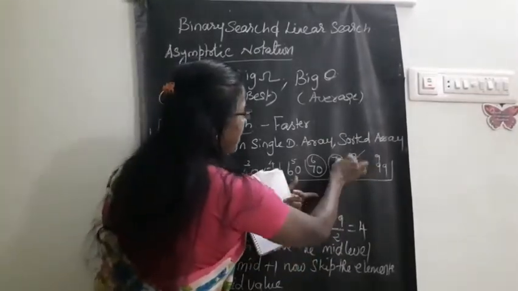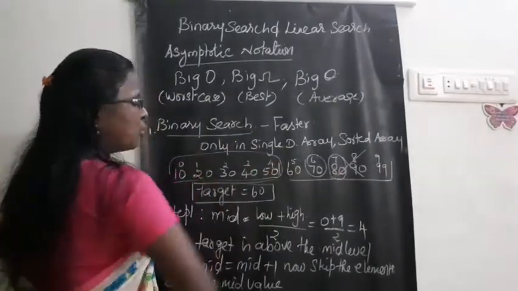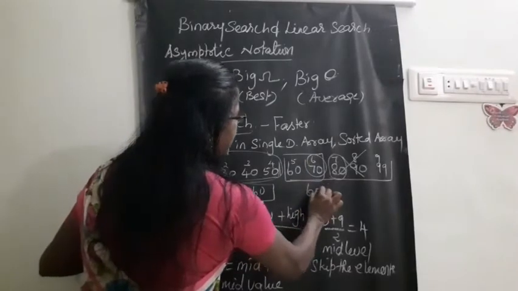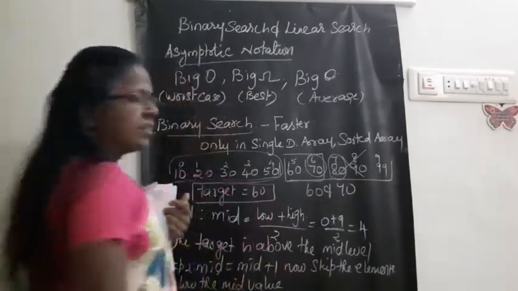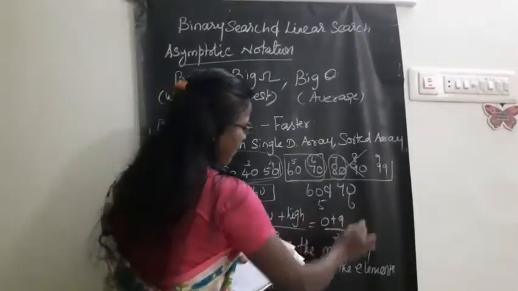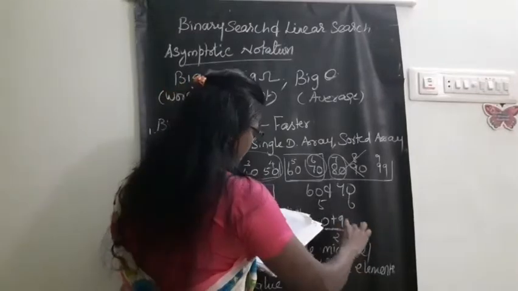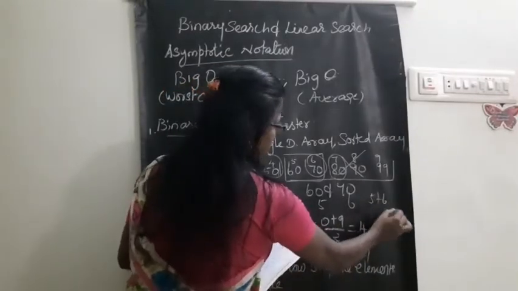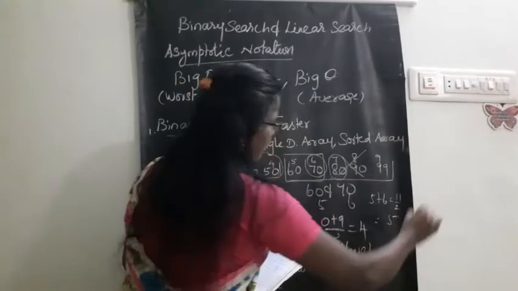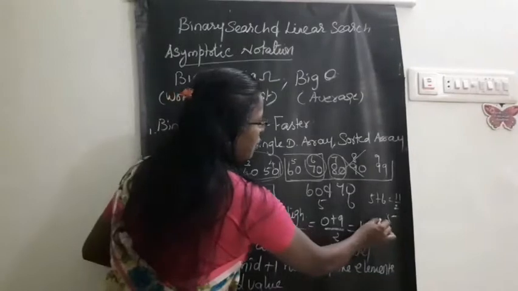We leave these 3 elements, which are already skipped, and only the 2 elements 60 and 70 remain, at positions 5 and 6. Again find the mid value: 5 plus 6 is 11, divided by 2, so the mid value is 5.